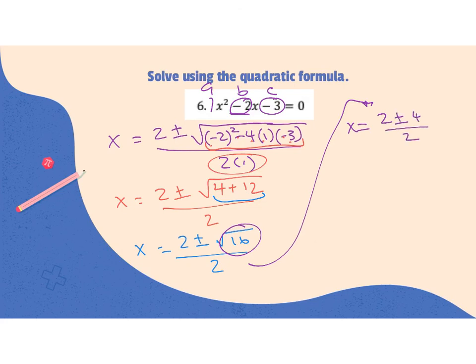Then I can split those apart into x equals 2 plus 4 over 2, and x equals 2 minus 4 over 2. That gives me x equals 6 over 2 and x equals -2 over 2, which is x equals 3 and x equals -1.